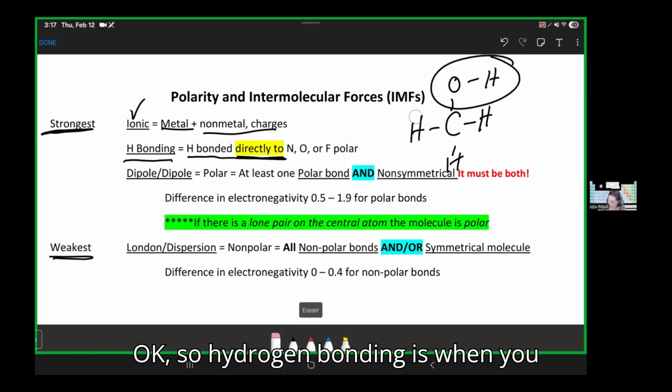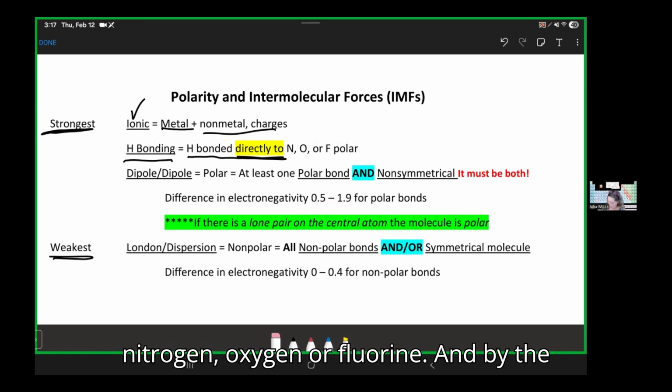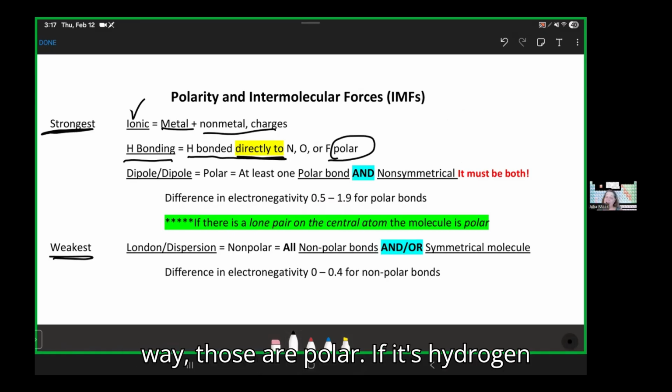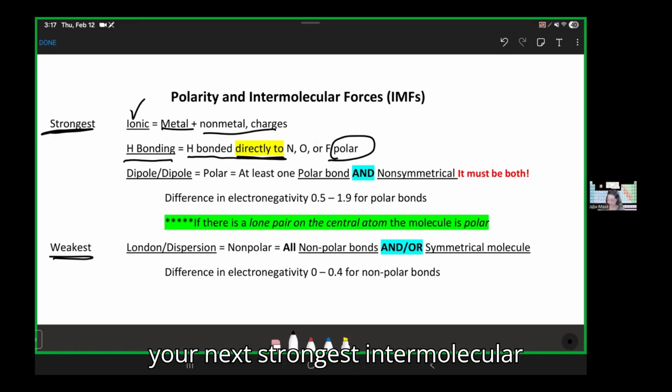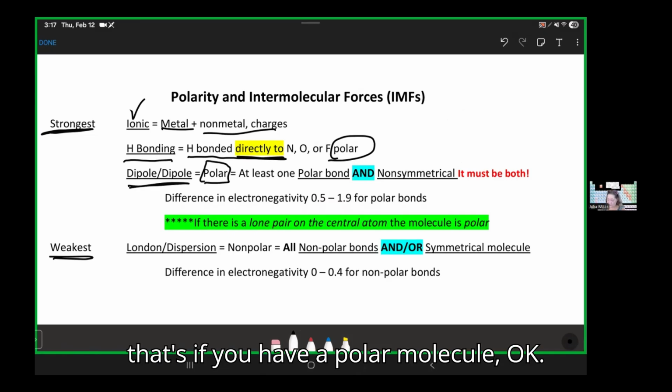So hydrogen bonding is when you have a hydrogen bonded directly to a nitrogen, oxygen, or fluorine. And by the way, those are polar. If it's hydrogen bonding, it is polar bonds. Okay, so your next strongest intermolecular force is dipole-dipole, and that's if you have a polar molecule.